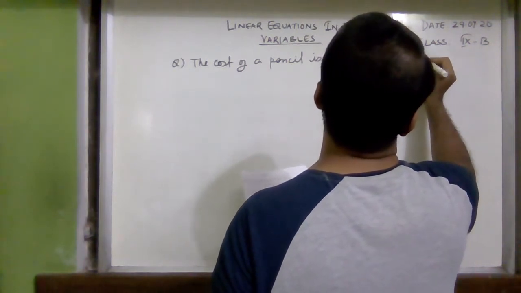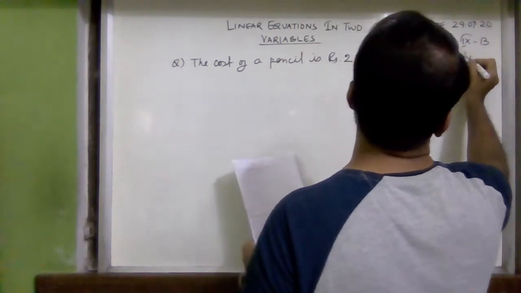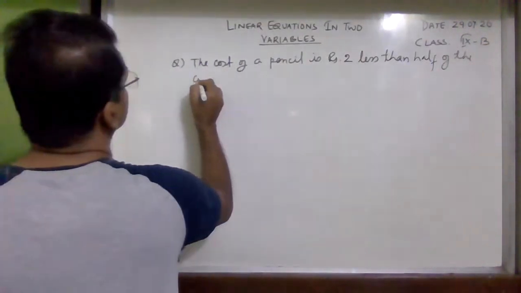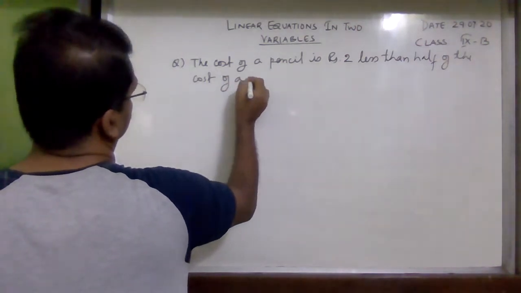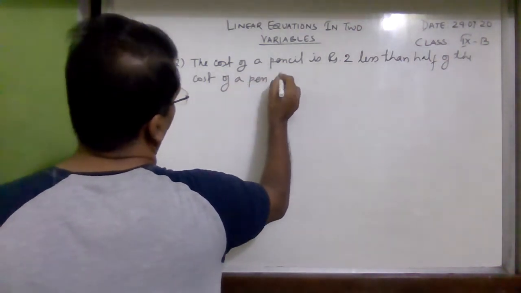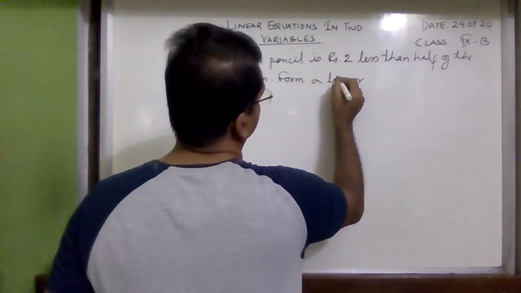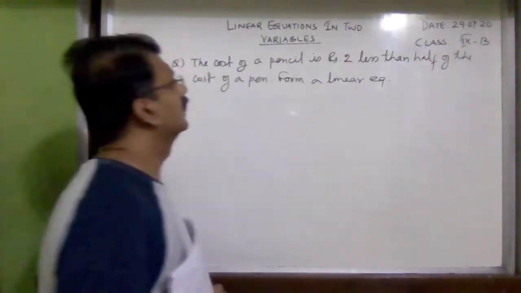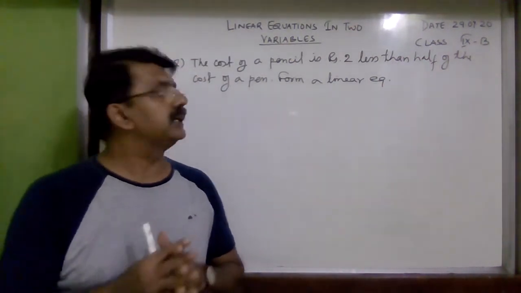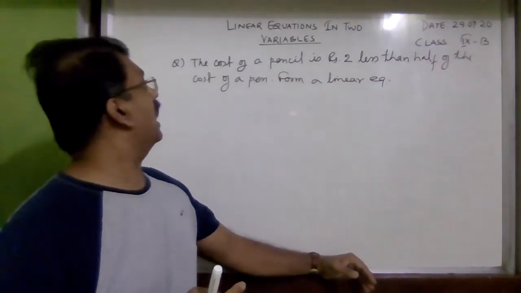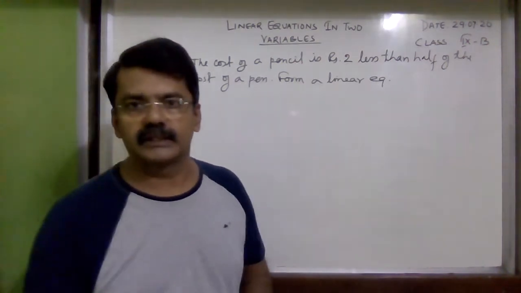Form a linear equation. So they are saying the cost of a pencil is rupees 2 less than half of the cost of a pen. So form a linear equation.